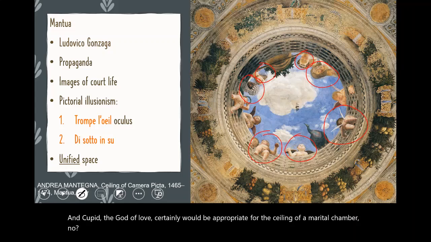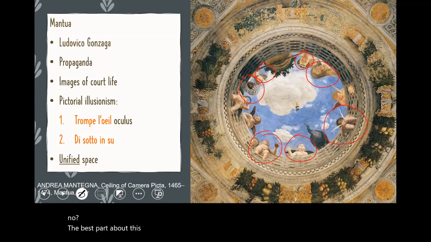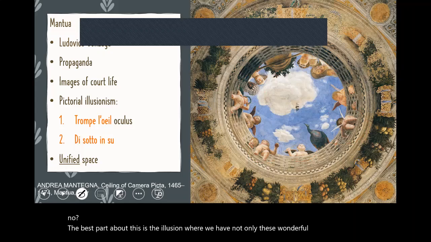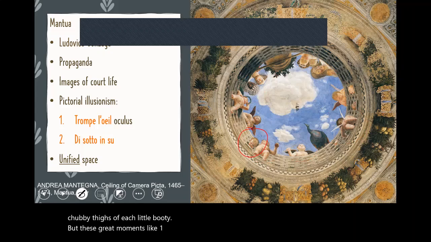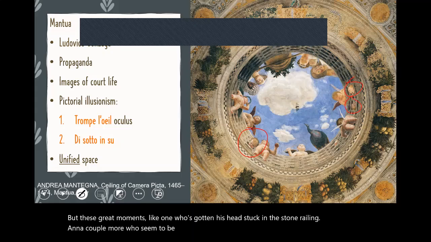The best part about this is the illusion, where we have not only these wonderful views of the tiny chubby thighs of each little putto, but these great moments like one who's gotten his head stuck in the stone railing, and a couple more who seem to be having the same issue.